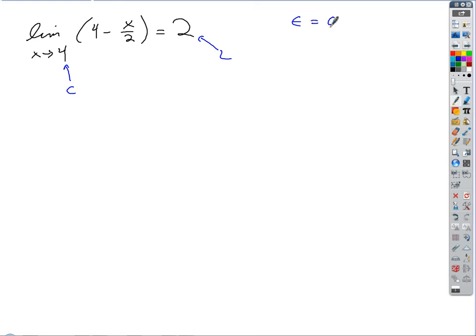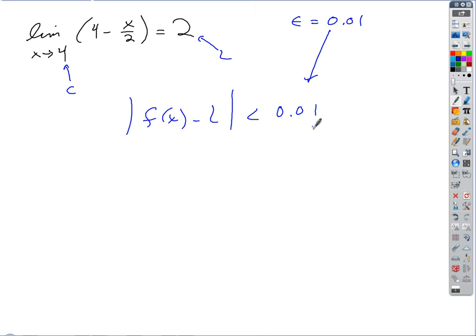Where did I get 0.01? Just in the text of the question. If you read through it, it says find delta greater than 0, so non-zero delta, such that the absolute value of f of x minus L is less than 0.01. Okay, so that's my epsilon.